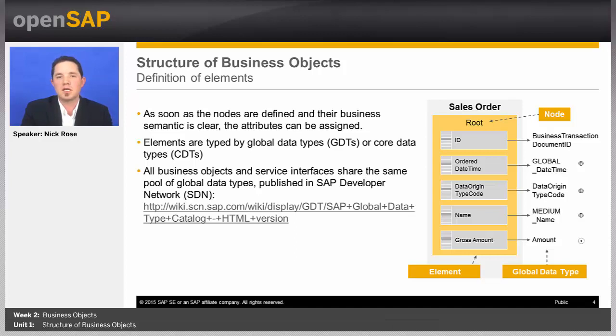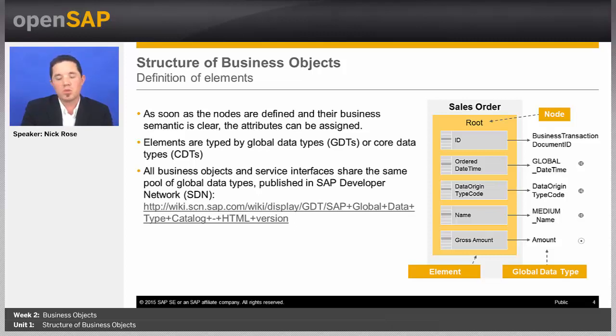You wouldn't need to say, let's say, item ID. Maybe you just say ID because you know it's on the item node. Same as just ID on the purchase order. But maybe you have an external ID that's coming in that you want to specifically say external order ID, something like that. Every element, though, will have a name and an associated data type. What kind of data can be stored in this specific element?